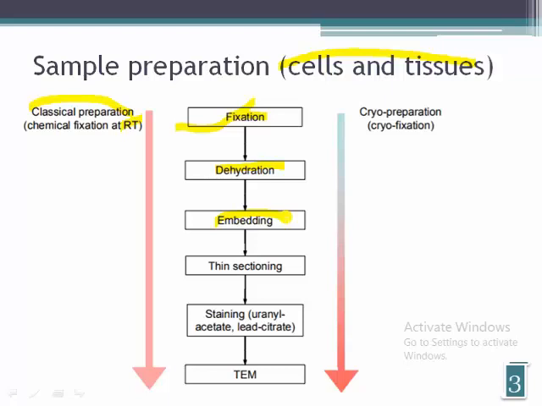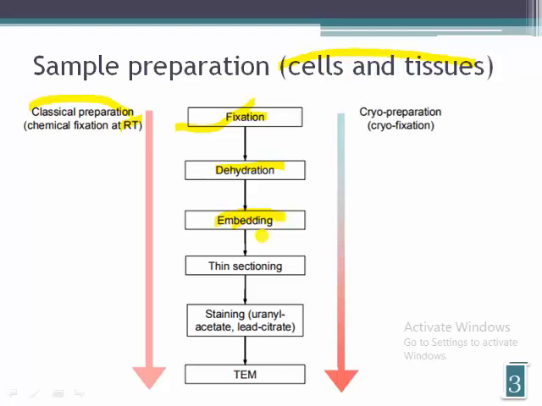For example, we can use ethanol as well as acetone. So this monomer will solubilize the ethanol or acetone, and that monomer will be polymerized by heat, or by applying UV, and it will produce a hard plastic containing the embedded specimen. So now our specimen is embedded.